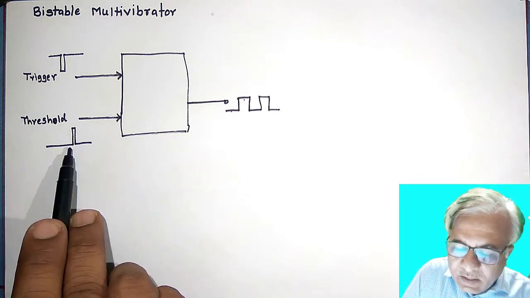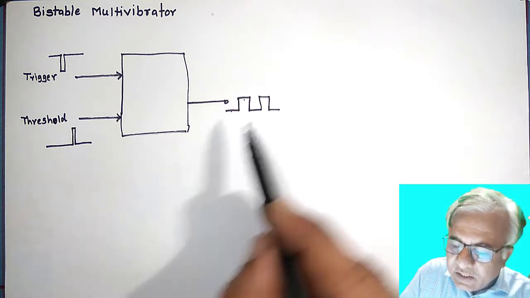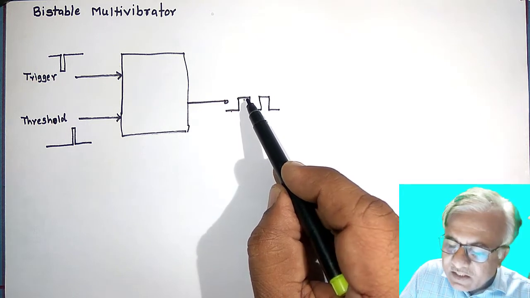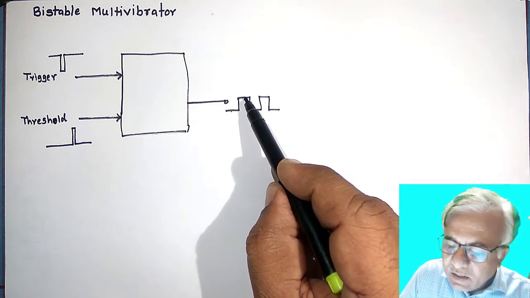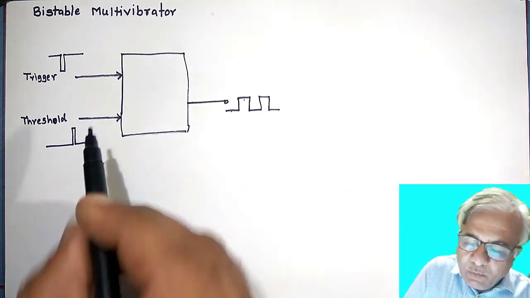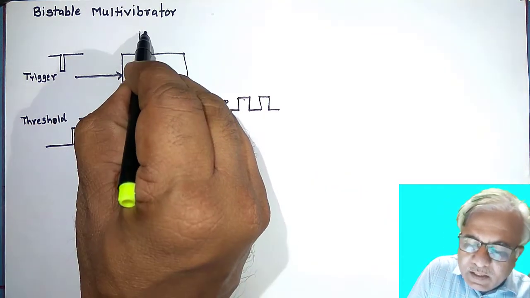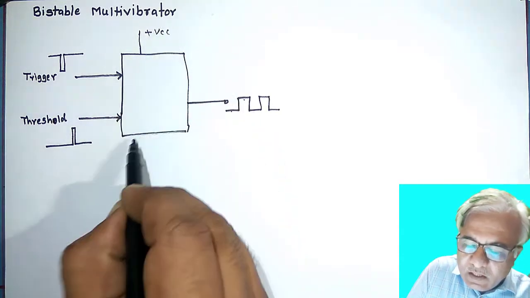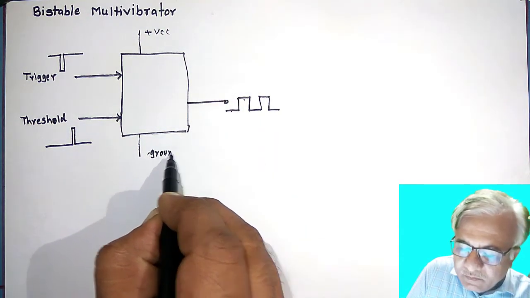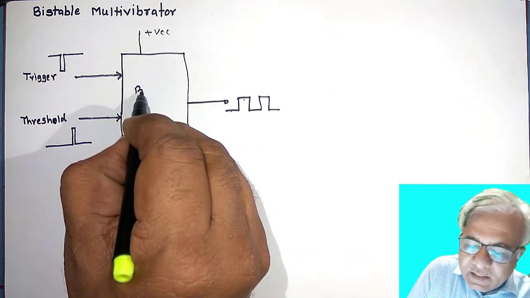And on the arrival of the threshold signal, bistable multivibrator will change its state from the other state to its previous state. Obviously, it will require positive VCC supply, and this is a ground terminal. So this is bistable multivibrator.